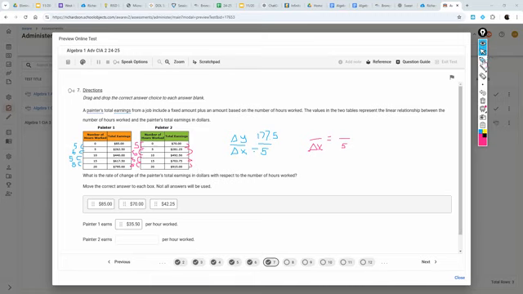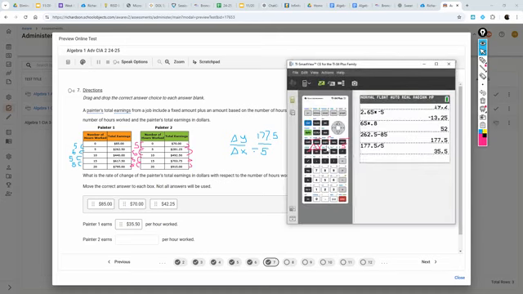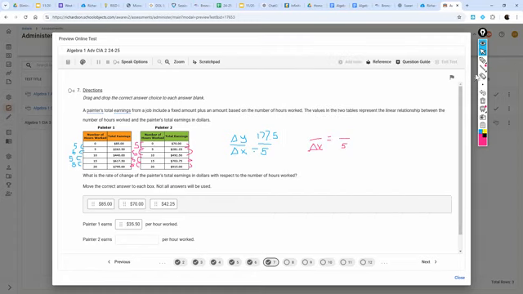So I'm going to do 281.25 minus 70, and we see we get 211.25. So we're going to put that up top. And that is going to be my change in y.